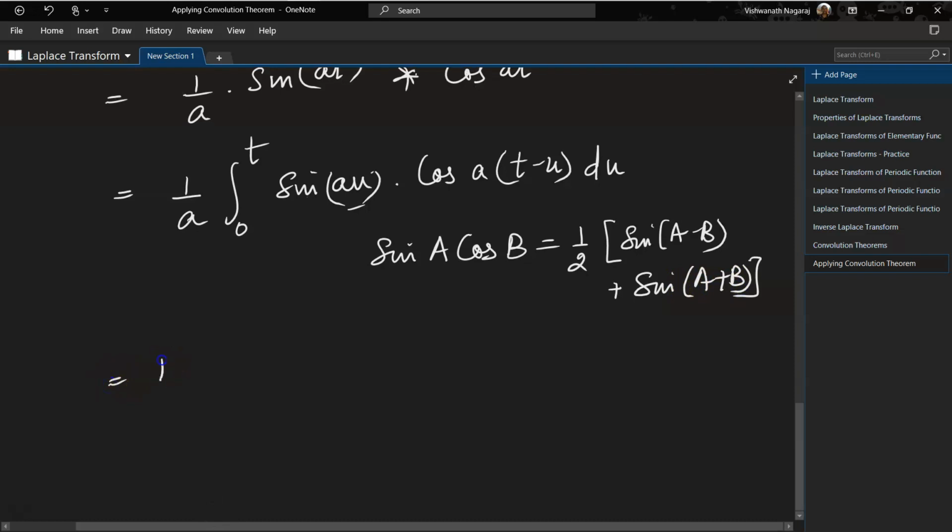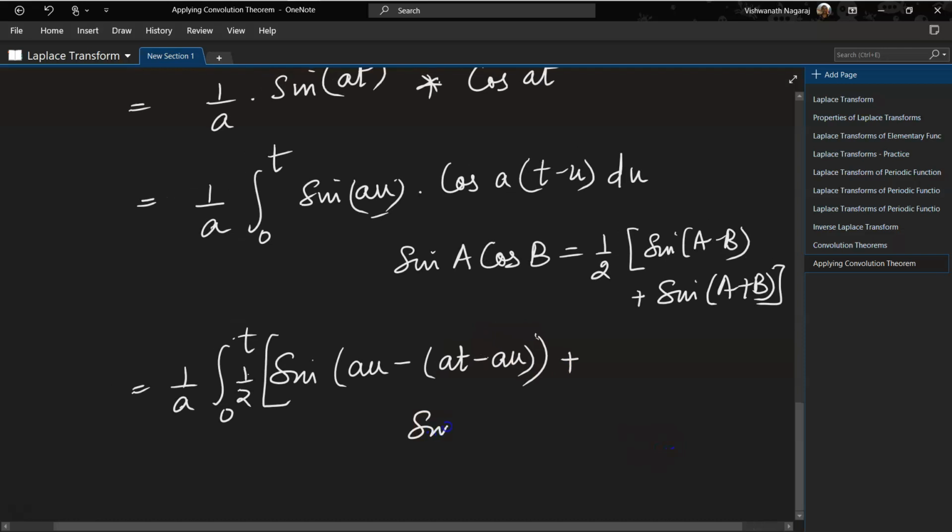So which means we can substitute this with 1 by 2 times sine(au minus at plus au) plus sine(au plus at minus au), and finally du.